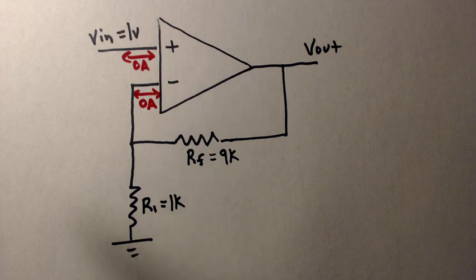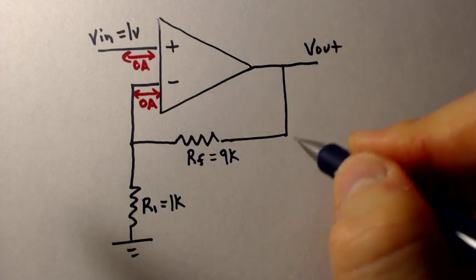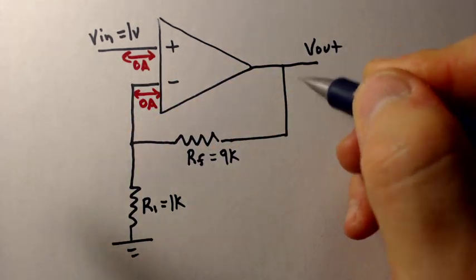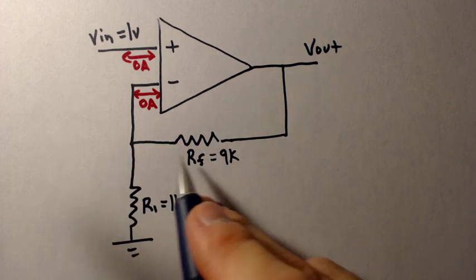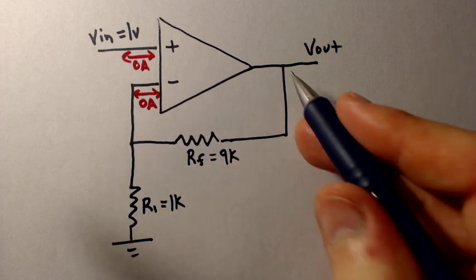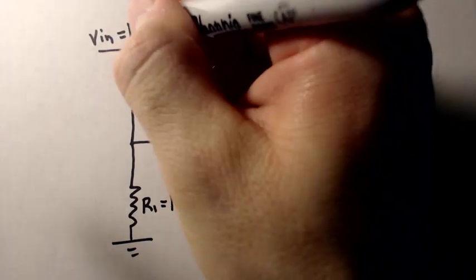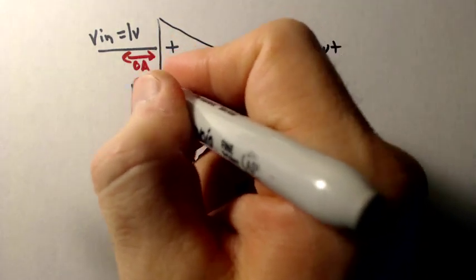Do we have feedback? Absolutely. We have a closed loop configuration with feedback. We have some pathway from the output back to one of our inputs. Doesn't matter that we have a bunch of stuff over here. As long as some pathway exists, rule 2 is applicable. And if rule 2 is applicable, and this is equal to 1 volt, what is this equal to?